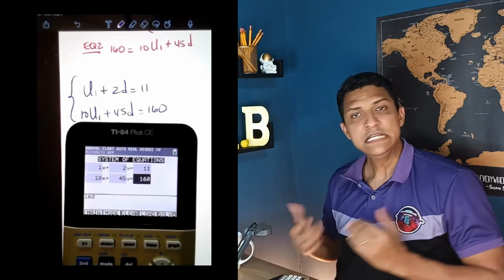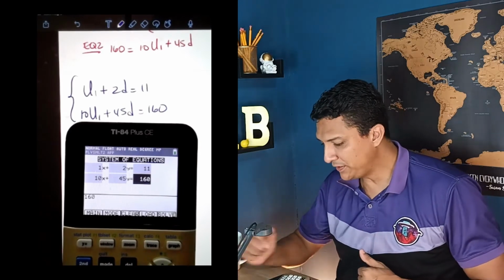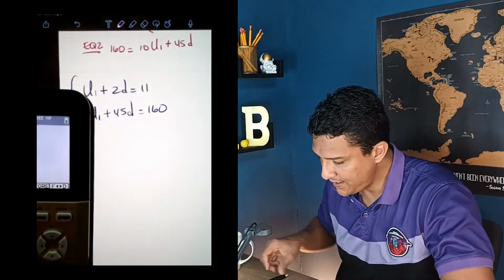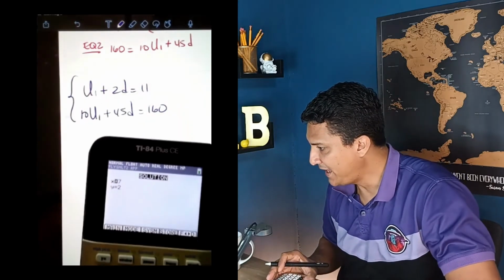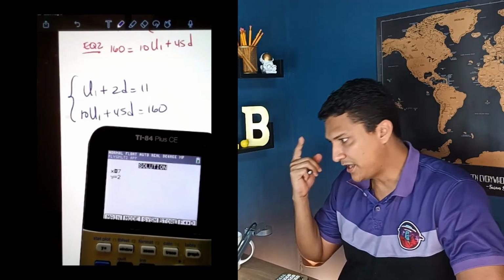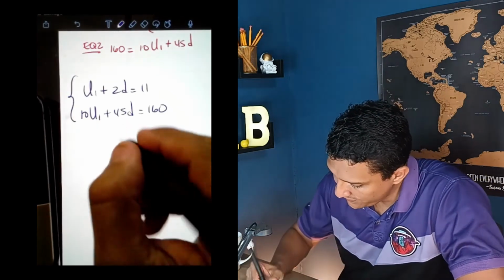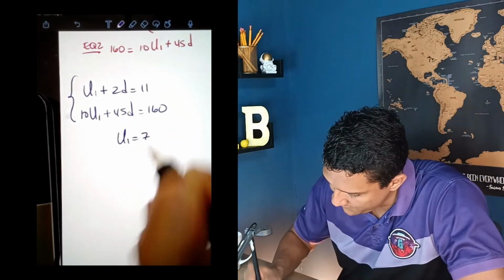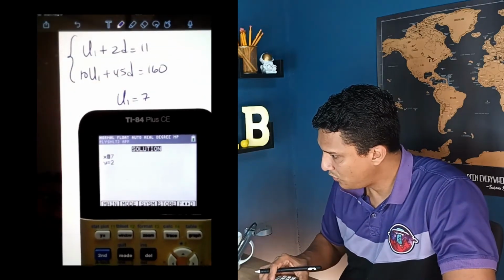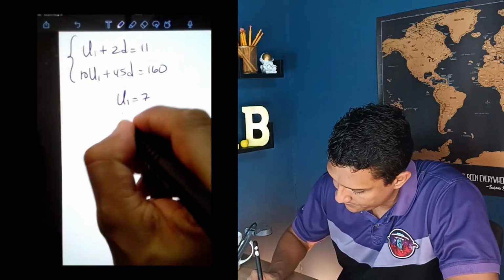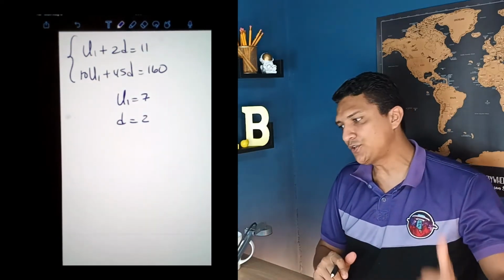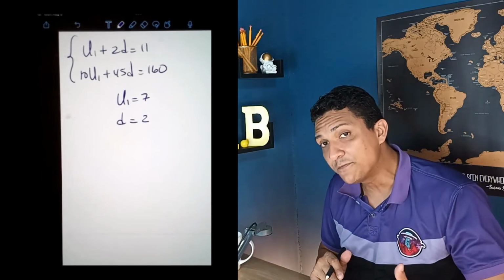We already input the values, so we just need to press solve. Here we have the answers. Remember that x is u1, so that means u1 is 7. I'm going to write here u1 is 7, and d is 2. So I already found the first term and the common difference.